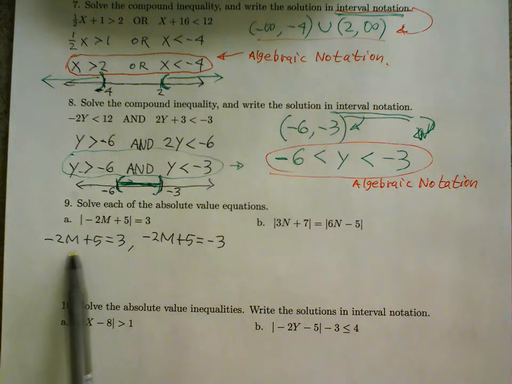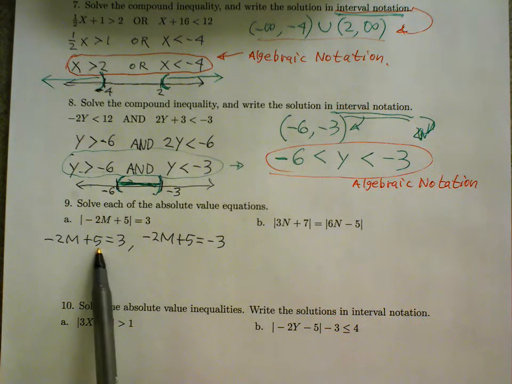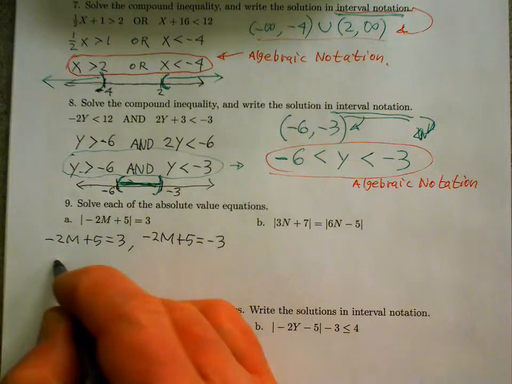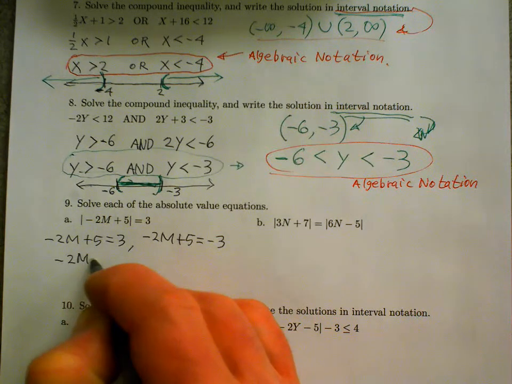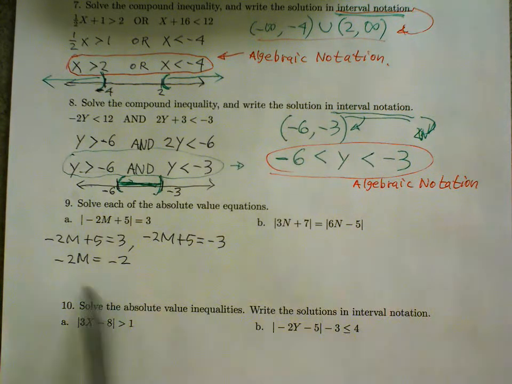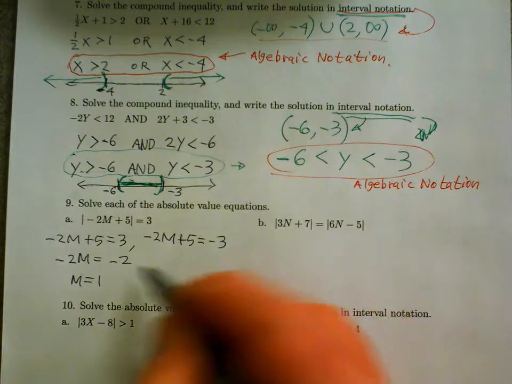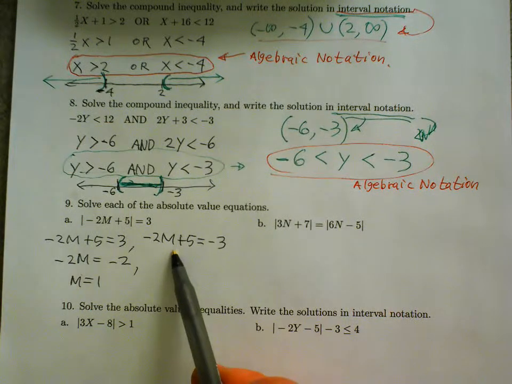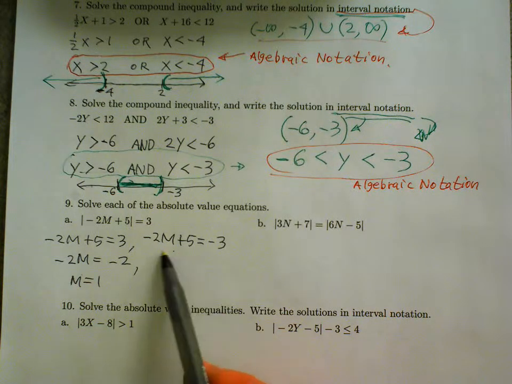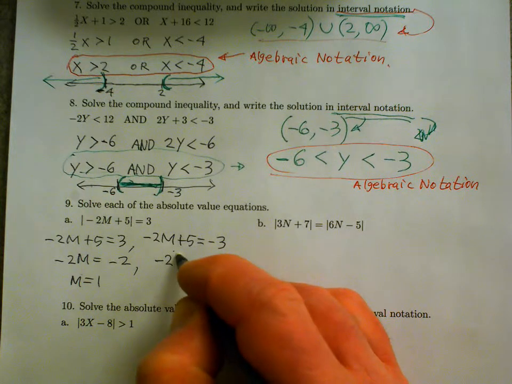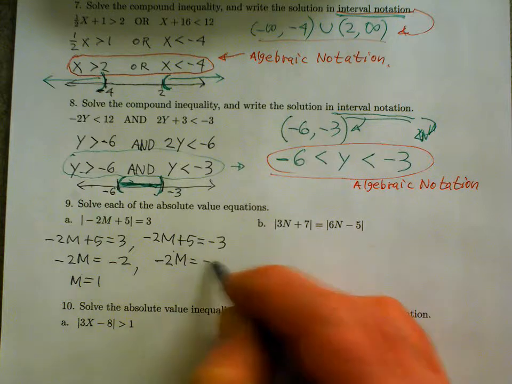And then we solve each of those equations individually. Negative 2m plus 5 equals 3, subtract 5 from both sides. We get negative 2m equals negative 2. Then divide both sides by negative 2, we get m equals 1. Solve the other equation for m. Negative 2m plus 5 equals negative 3. Subtract 5 from both sides, we get negative 2m equals negative 8.